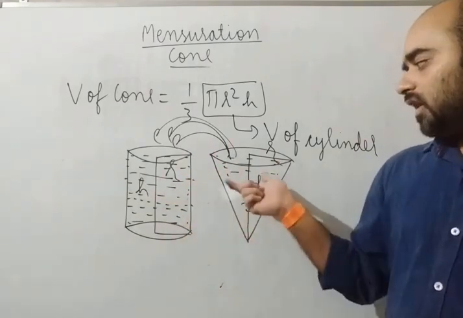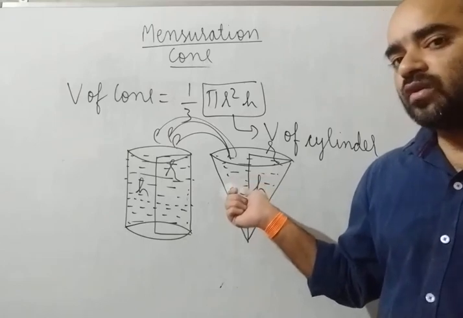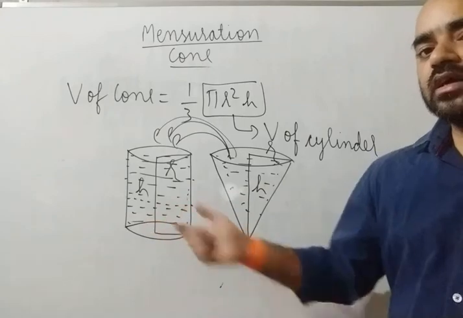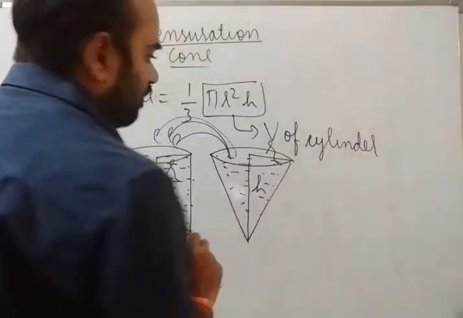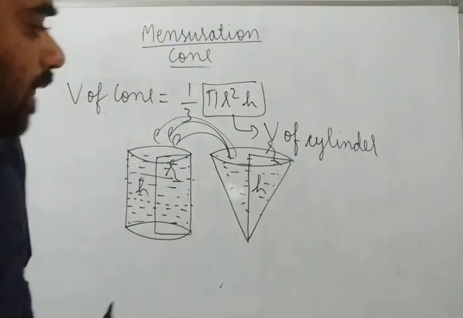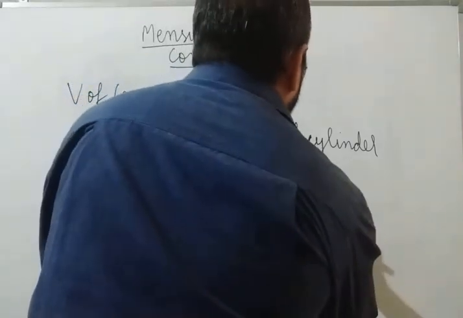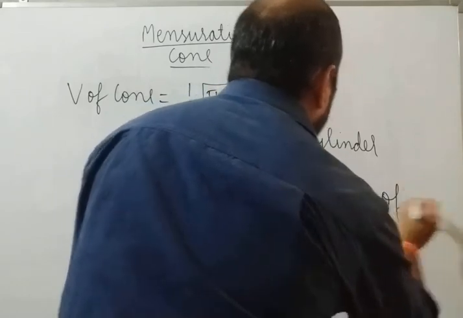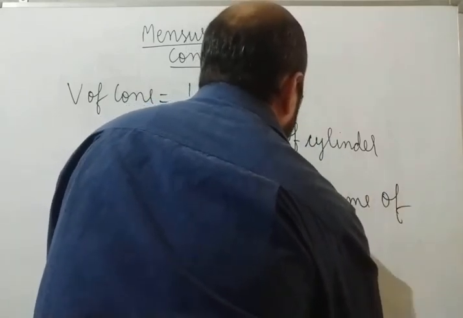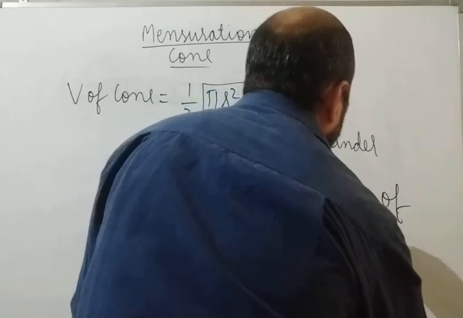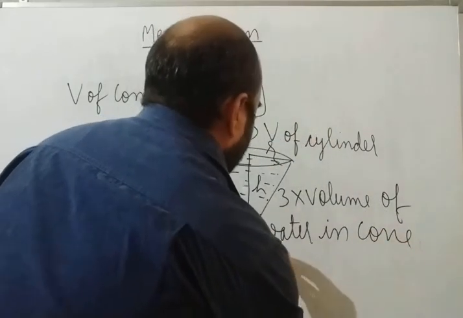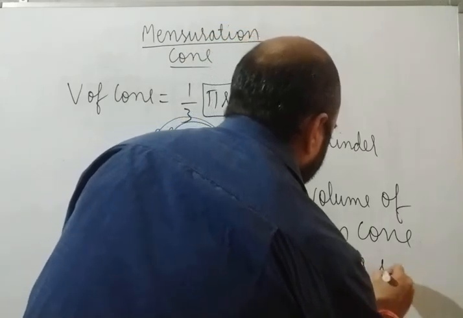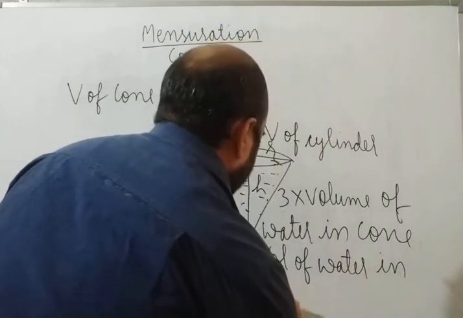It means it takes 3 times the water in the cone to fill the cylindrical vessel completely. What is the result we have obtained? 3 times volume of water in cone is equal to volume of water in cylinder.